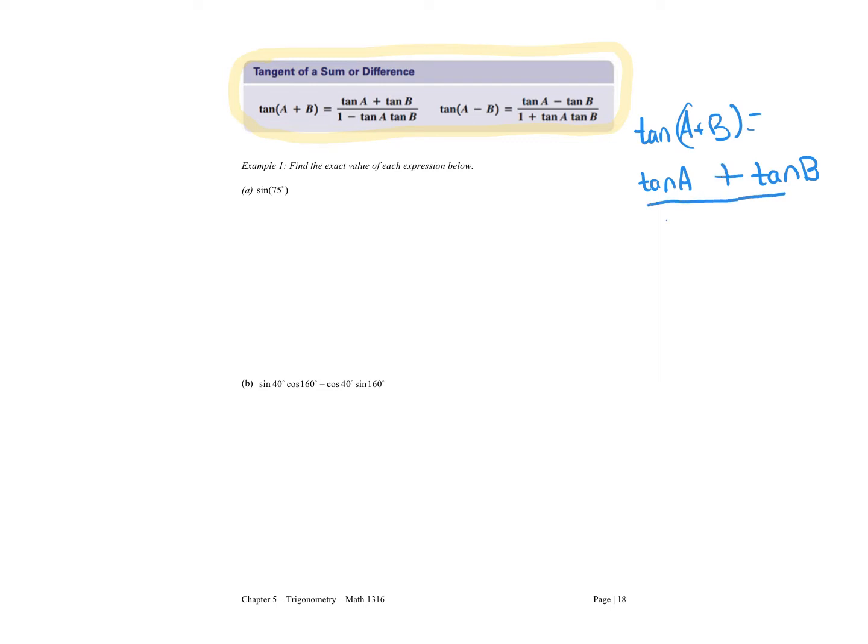And then on the bottom, you have 1 minus, and now they multiply, tan A tan B. If it were a minus in the equation, the only difference is that this one would be a minus, then this one down here would be a plus. But same idea as cosine. We're going to use things we know from the unit circle to rewrite things we don't know, and then evaluate them.